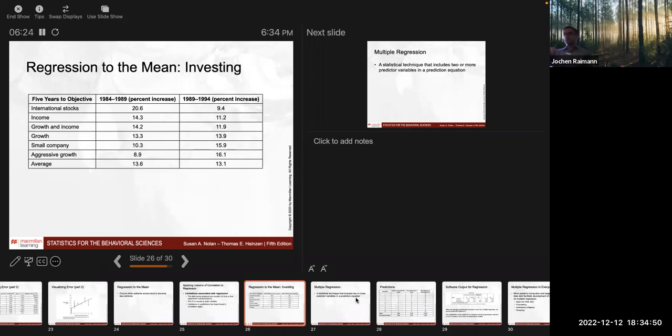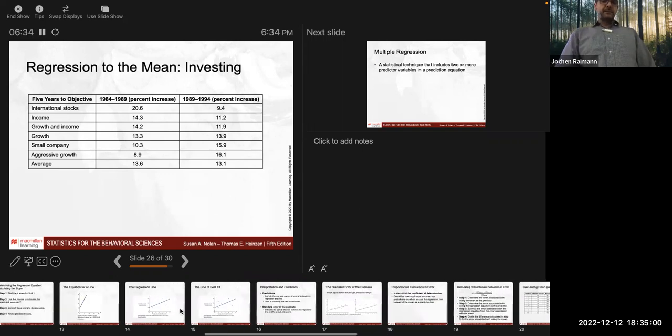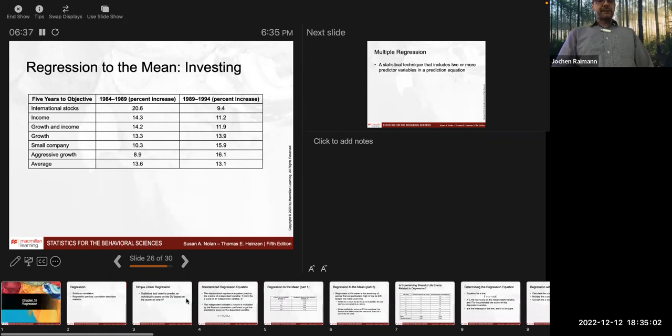That means extreme outliers will always tend, in a future analysis, to gravitate back to the mean, also in time series analyses. But that's not the main observation, and that's not the main definition of the regression to the mean.